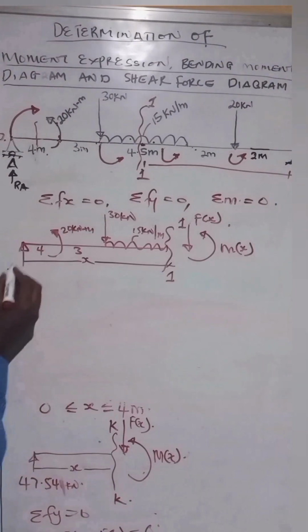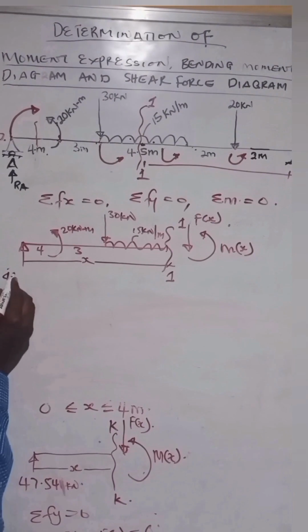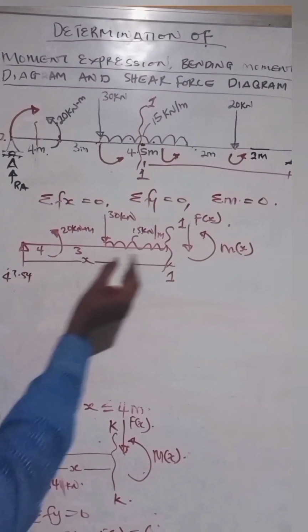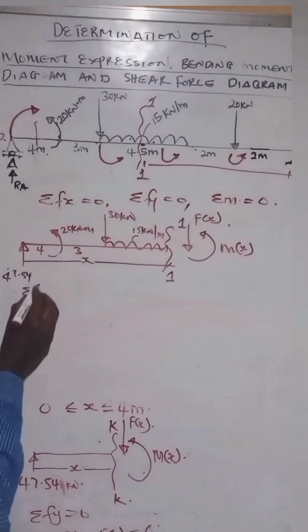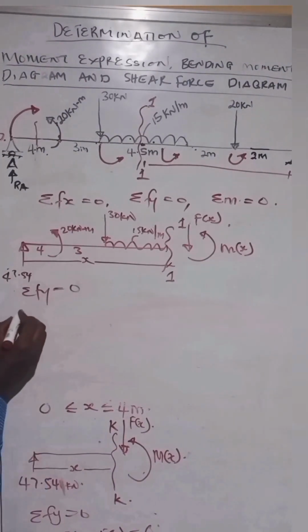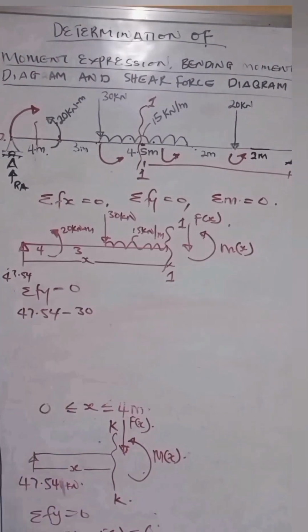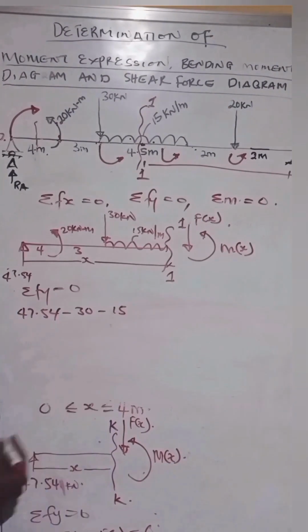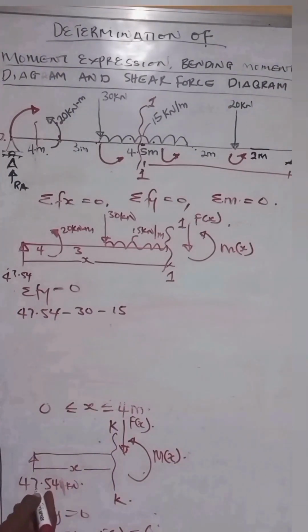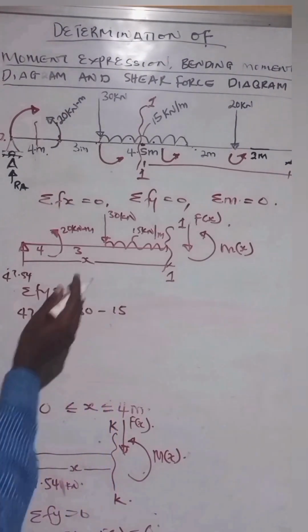We are going to do it quickly. We have here 47.54 kilonewton as usual. So we are going to solve this expression. Now solving this, we have sigma Fy again 0. So we'll have 47.54 minus 30, then minus 15. All right, minus 15. Now we are going to take note of this.